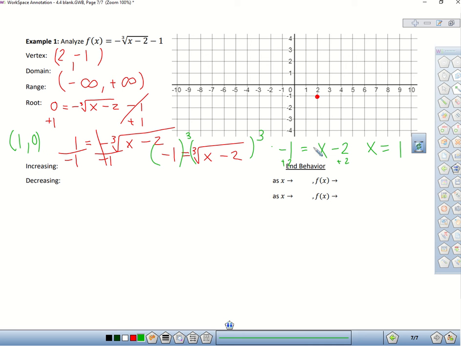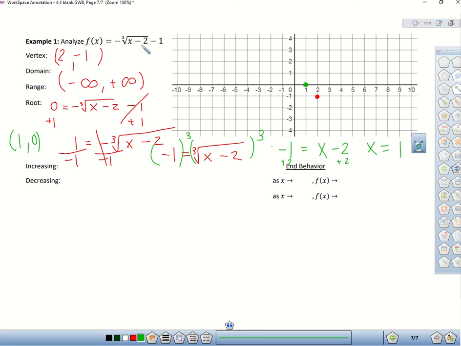So you guys can practice finding that. Now, is this graph, well, we haven't looked at it yet. Let's not get ahead of ourselves. My root is here at 1, 0. Now, I know that if I plug in 3, I'm going to get another easy point. So if I plug in 3, 3 minus 2 is 1.